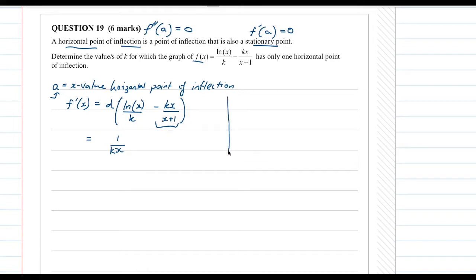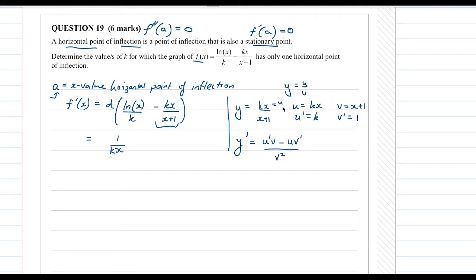So on the side here, let y be kx over x plus 1. So our u is kx, and our v is x plus 1, and our u dash is k, and our v dash will be just 1. The quotient rule tells us that the derivative is u dash v minus u v dash all over v squared, when y is u over v.